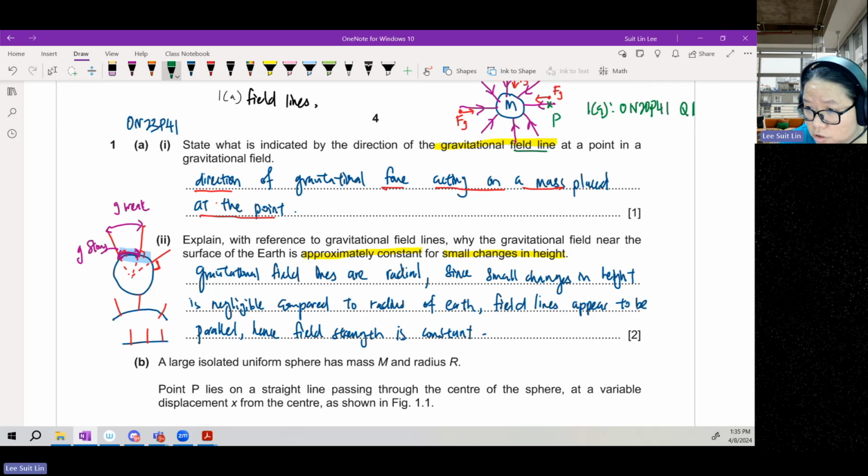There will be a calculation that is around this question 1. Inside the planet, they've never asked yet. Can they ask? Sure. Okay, another similar one will be Winter 18 P42 question 1.